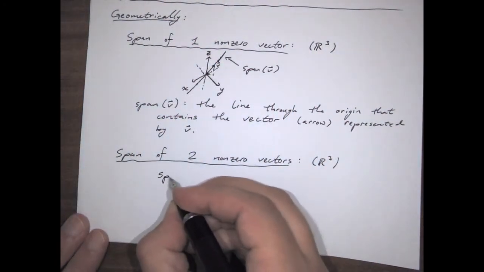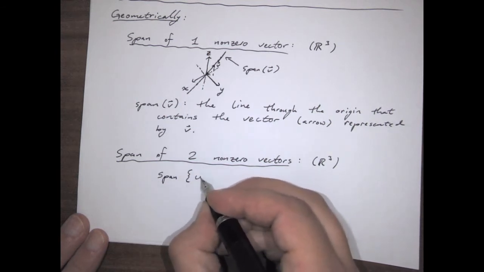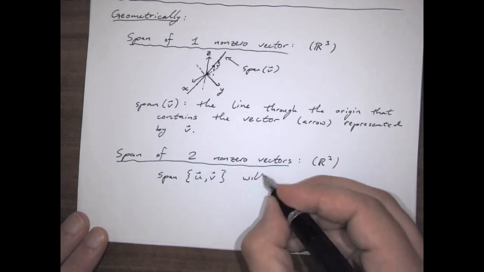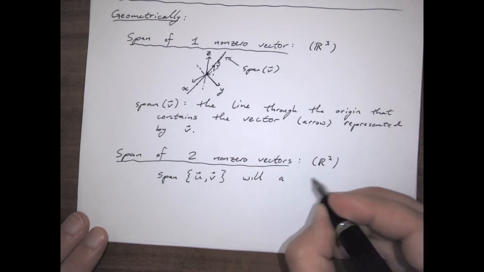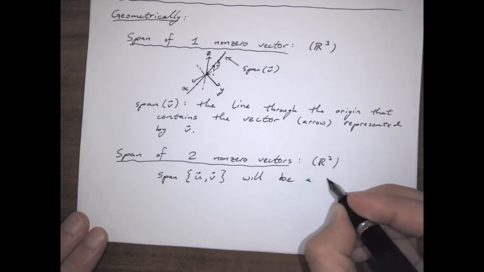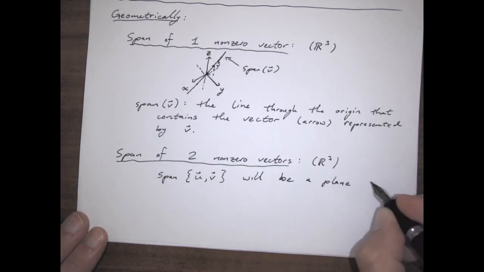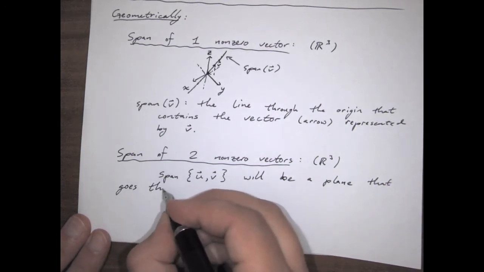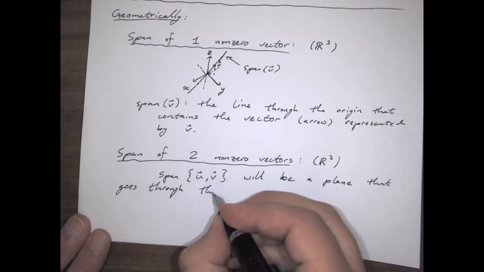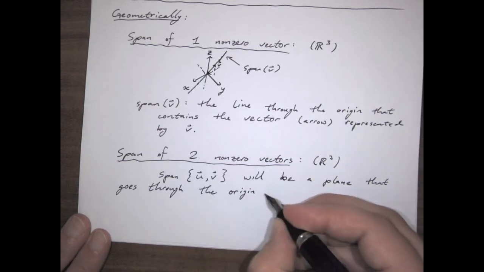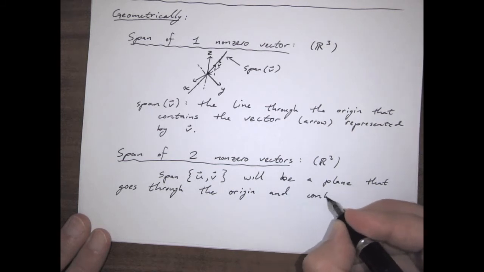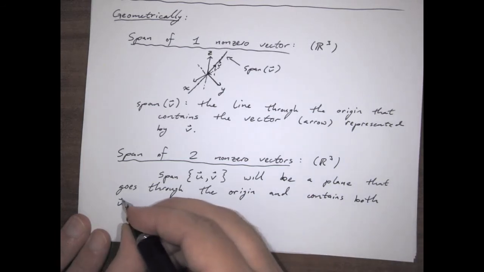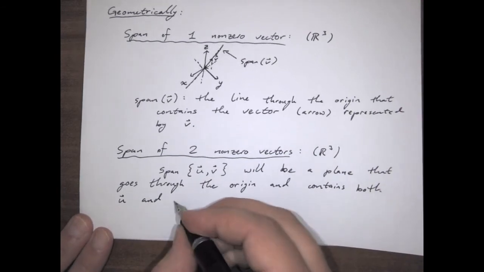So the span of u, v will be a plane that goes through the origin and contains both u and v.